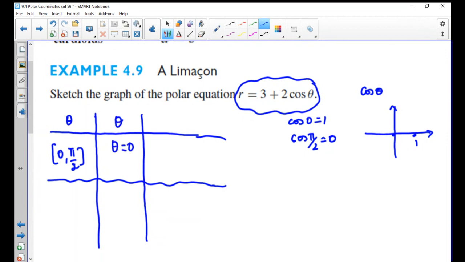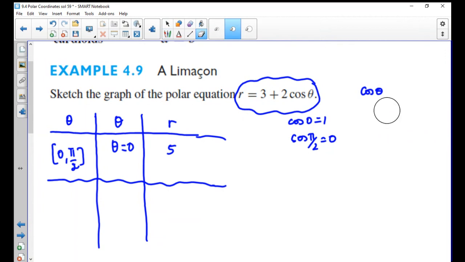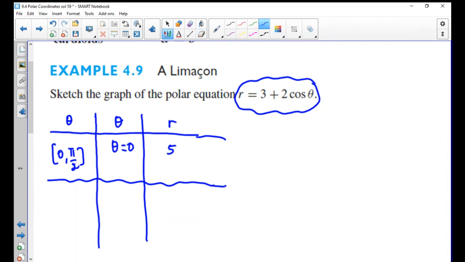So when theta is 0, what is the value of r now? Let's see. What is r? 5, exactly. Yes, 5. So I can start by plotting this point. That's the first point I can plot. When theta is 0, our function is equal to 5.